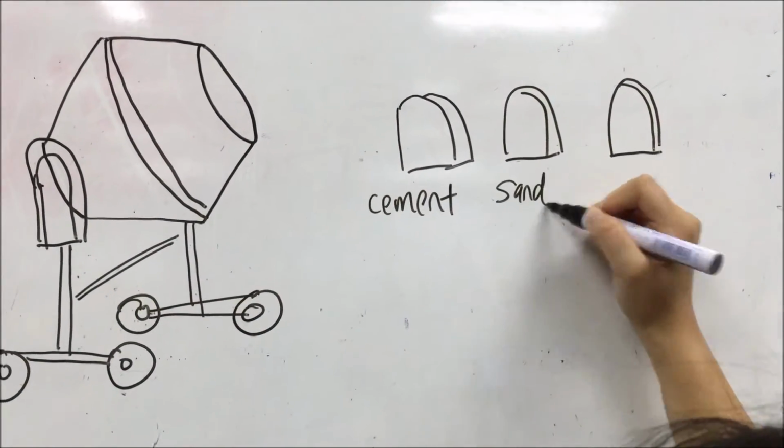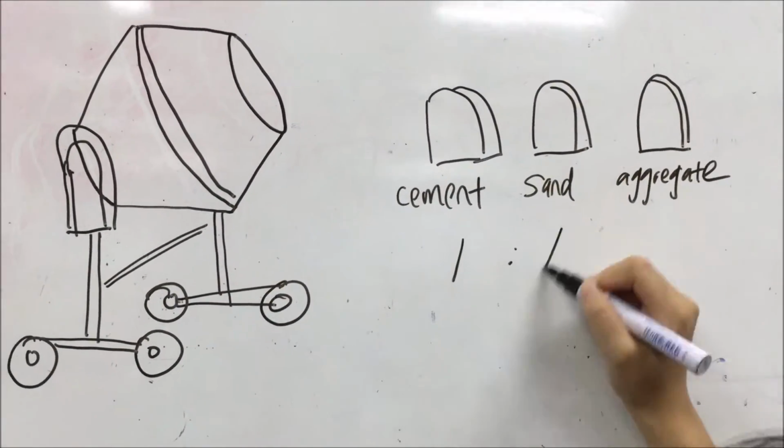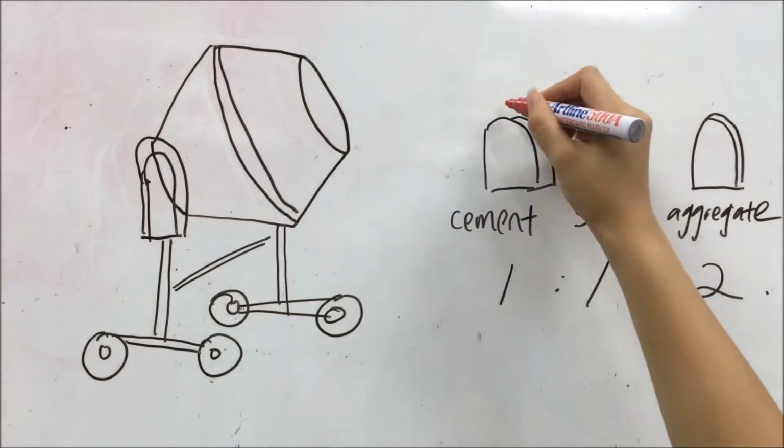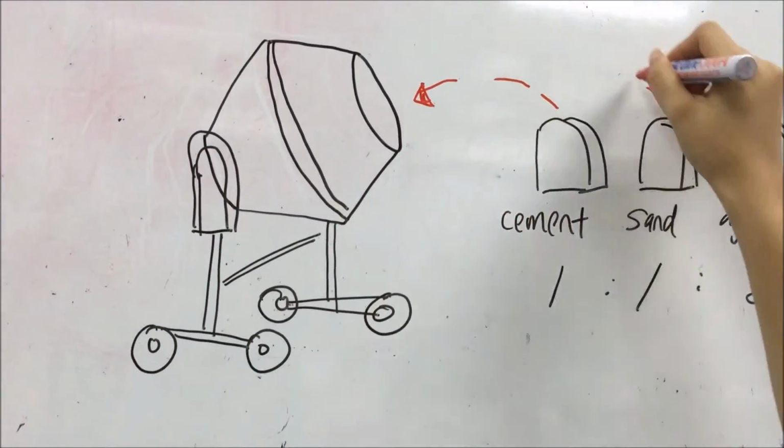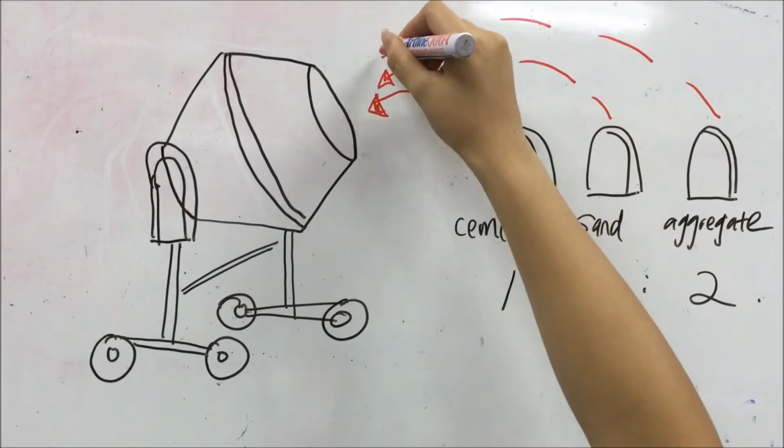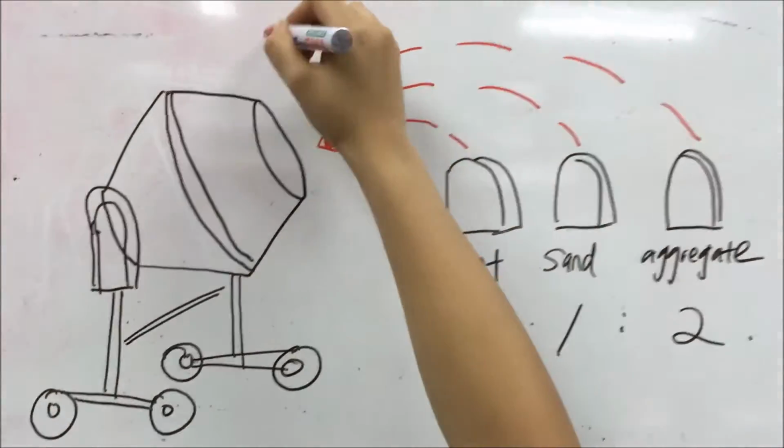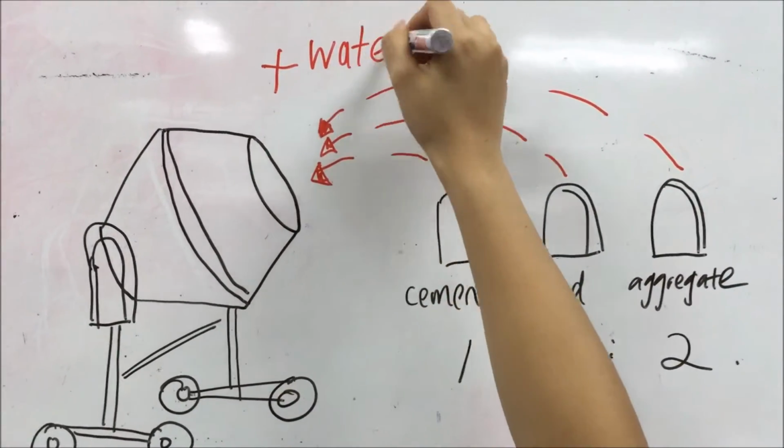The mixer is then added a meter cube of cement, a meter cube of sand, and also 2 meter cubes of aggregate, and also a little bit of water.